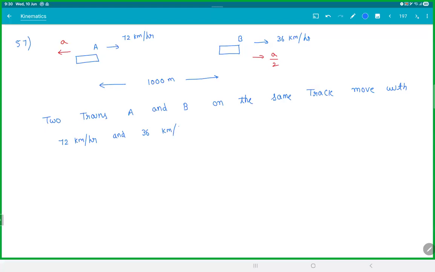So A is going faster than B. If you don't apply brakes, you're going to hit B. When the distance between them is 1 kilometer, A decelerates with a. So A started applying brakes. And B accelerates with a = 2.